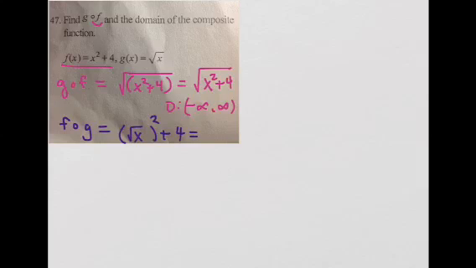So this would be x plus 4, and that would be the function f of g. Now at first glance it looks like the domain is all reals, right? But remember, g is the inside function. We came in only with positive numbers greater than 0. Okay, so the domain is the same. Like that.